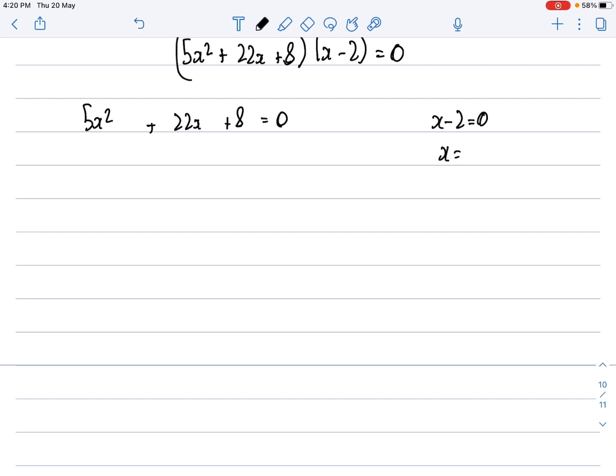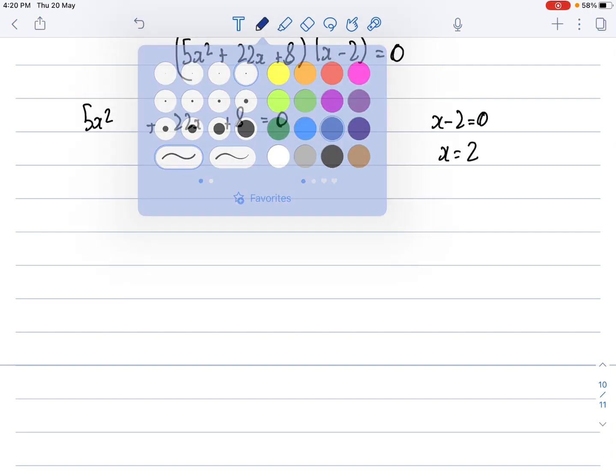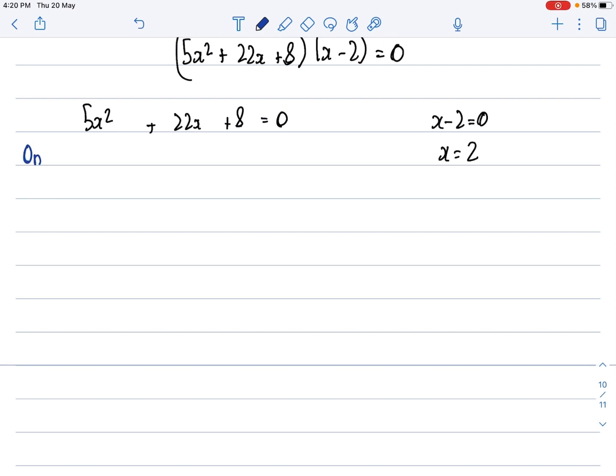I'll get x equals 2 here, and this is a quadratic. To solve this quadratic, you can use the calculator. Go on mode, go on 5, then go on 3.